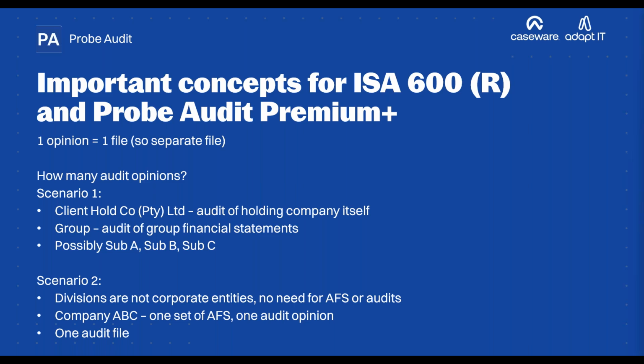Right, so the question is, how many audit opinions do we have? In scenario 1, where I've got client holdco with 3 subsidiaries, we definitely have an audit of client holdco, the company itself.